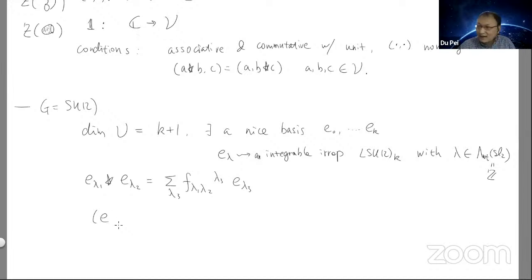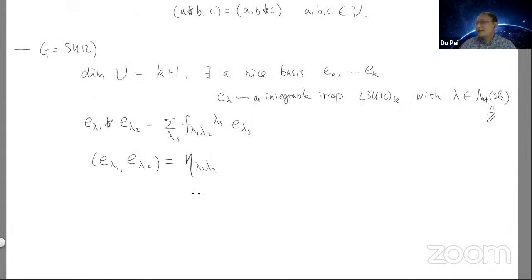First, I would like to introduce another set of data. So if you consider the inner product between two basis vectors, you can encode all this data into a symmetric matrix of size k+1 times k+1.